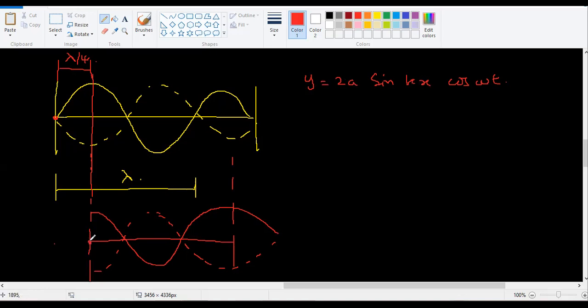But here, listen carefully. When I put x is equal to 0 here, I already have an amplitude here. So I'm supposed to get the maximum amplitude at this point. When will this be maximum? Only when it is pi by 2 here. So this will be written as 2a sine k, where x is the location. The distance between this and this is lambda by 4. So x minus lambda by 4.